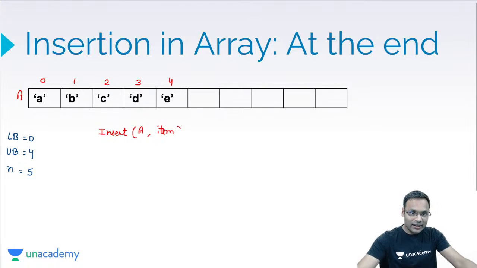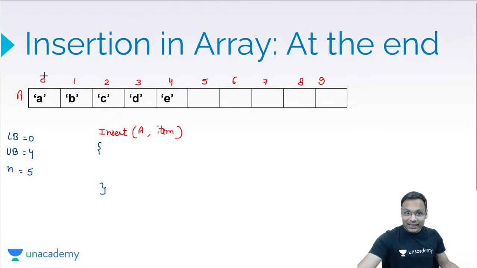अभी क्या करने का है? It is very simple. Look at this. What should I do? I will have to check if, suppose the total indices in the array are up to 5, 6, 7, 8 and 9. The last index of the array is 9. That is the actual upper bound of the declared array.